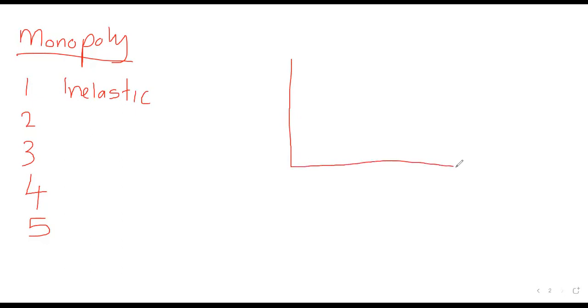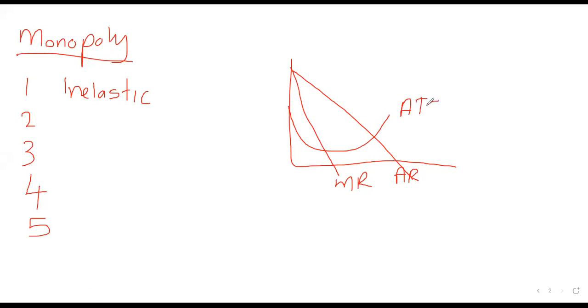Okay. So we have these 2 lines there. Our average revenue is here, and our marginal revenue is here, down sloping. So we have our average total cost, which is curving like this, and the marginal cost, which cuts half of this.